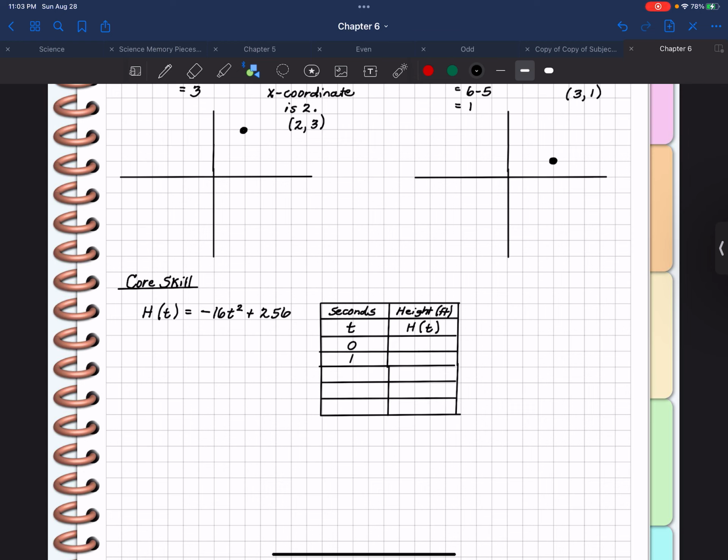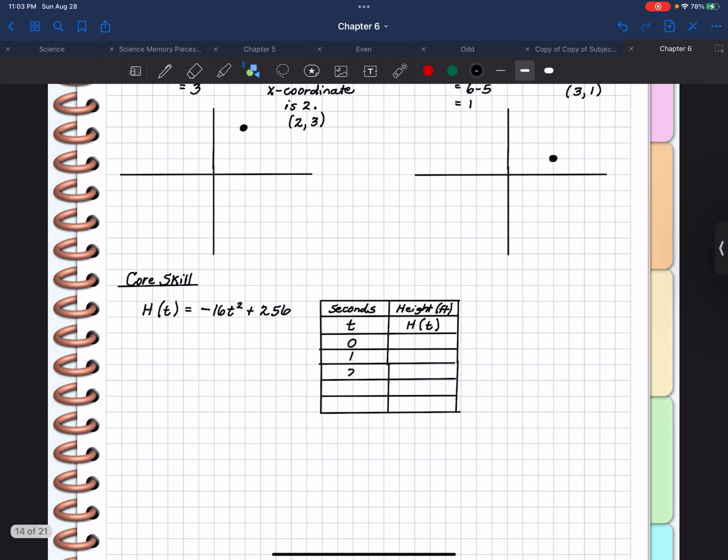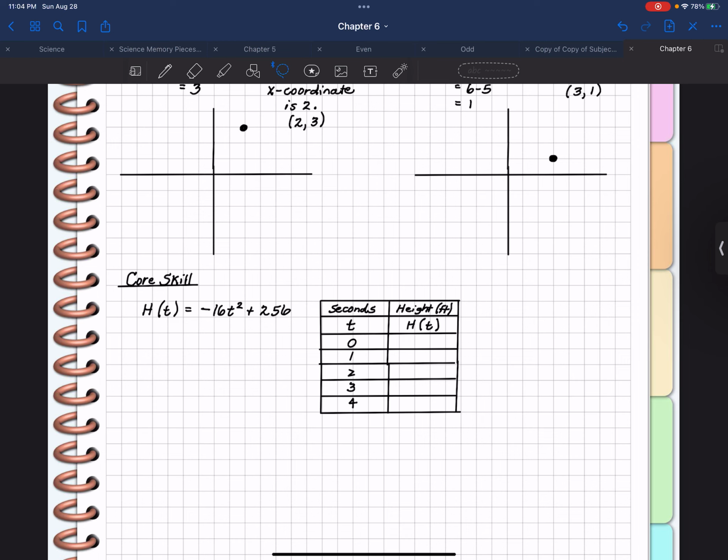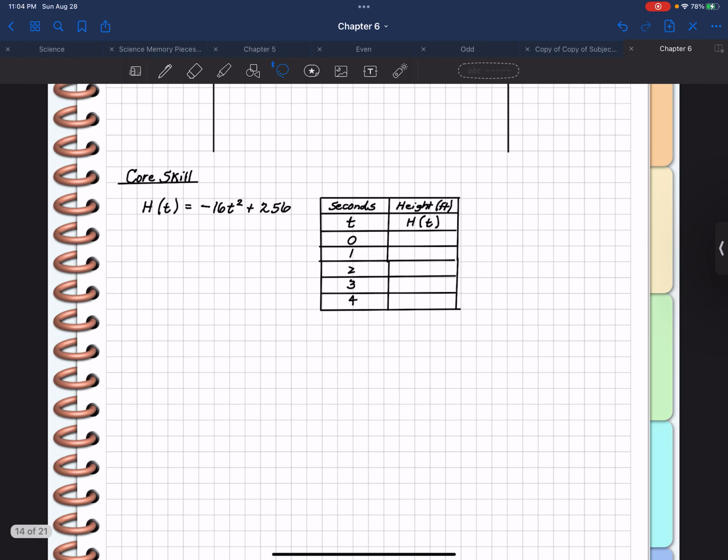So when t is 0, 1, 2, 3, and 4. We need to plug in each of these values into this function, and rather than write it each time, since I have to do it 5 times, we're just going to copy it.